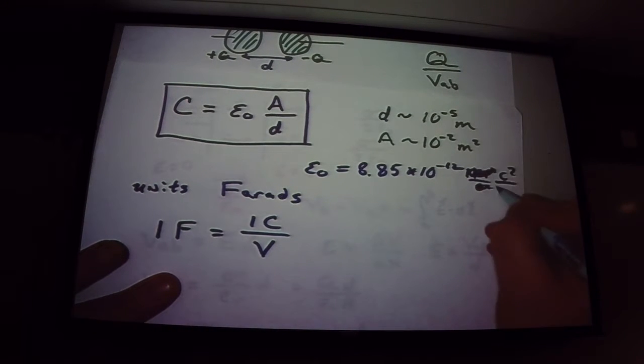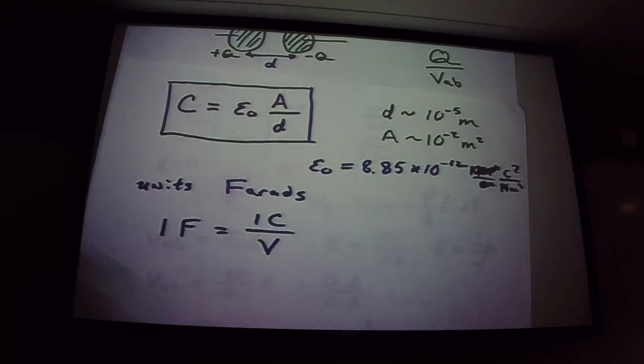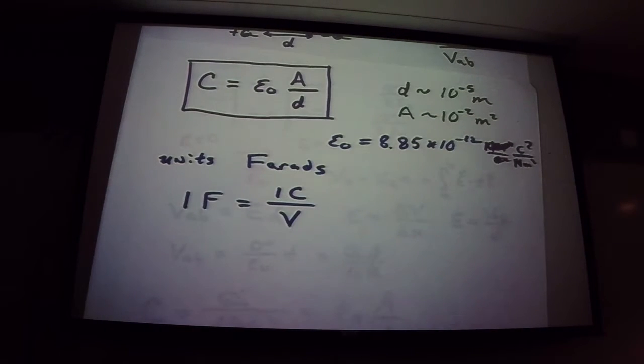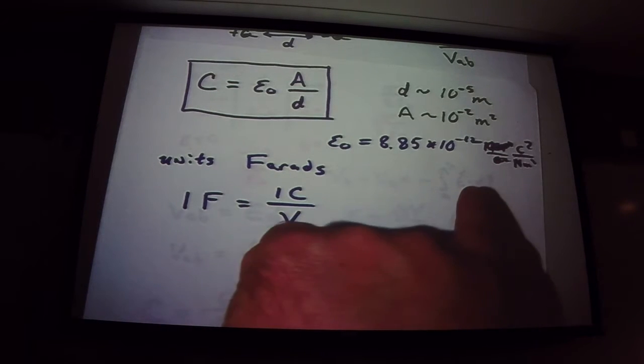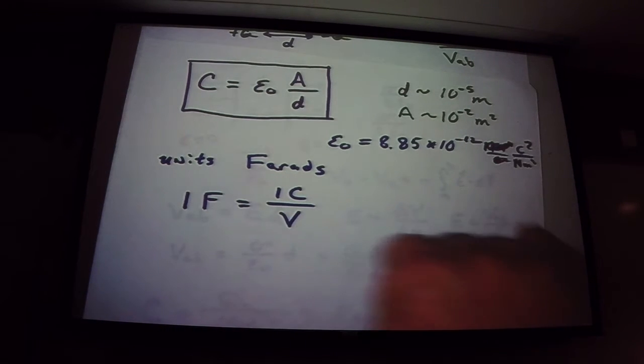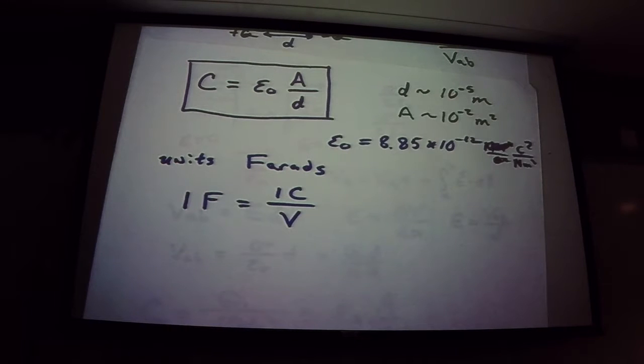Nobody stopped me. It's okay. There we go. That makes more sense. I was wondering how I got a third factor of coulombs. The Newton meter squared per Coulomb squared, that was units of K, which is 1 over 4 pi epsilon naught. The epsilon naught units are reversed from the K units.